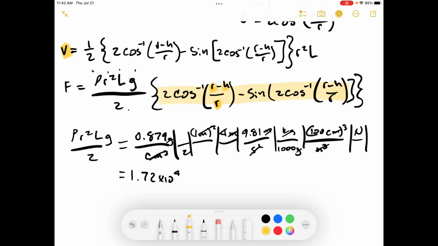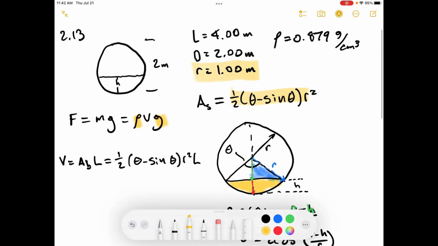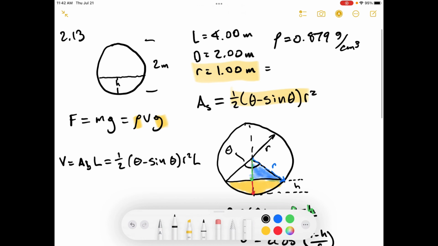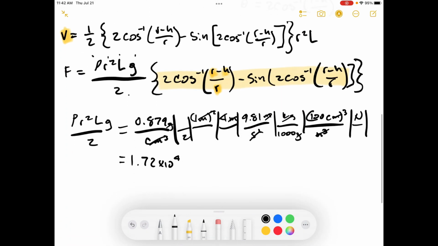Okay, so they gave us R in units of meters. R is 1 meter. If we go back here and look at the beginning, R is equal to 1 meter. So we need to convert that into centimeters, and that equals 100 centimeters. So the units of R and H need to agree.